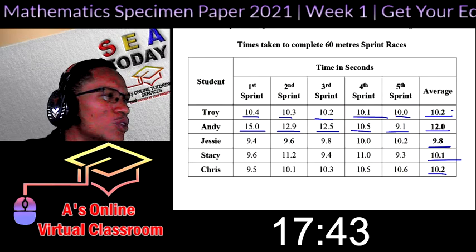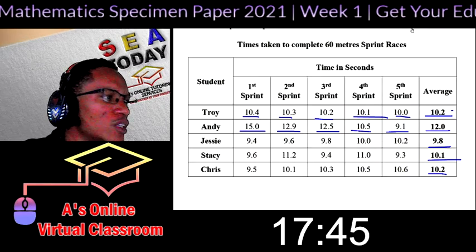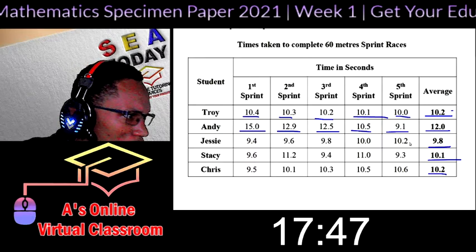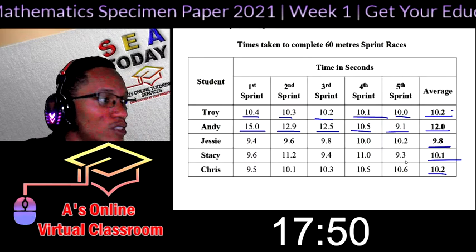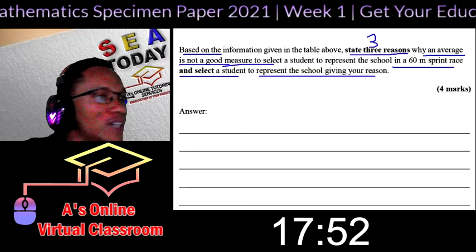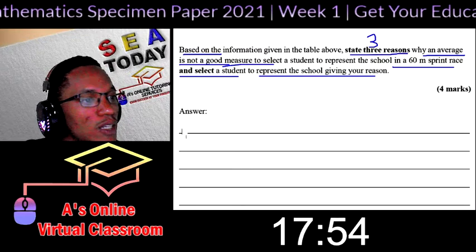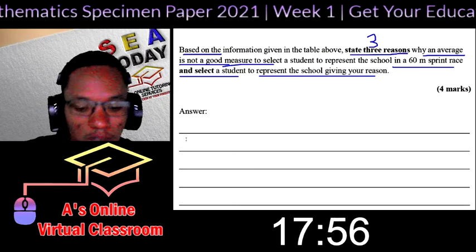Alright, so I could probably mention that because Jesse ended up coming second to last in the last race by the time it was done. So he started off coming first, and then by the time the end, he was second to last.